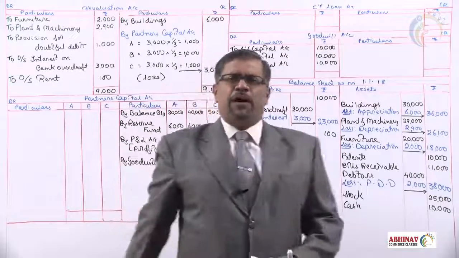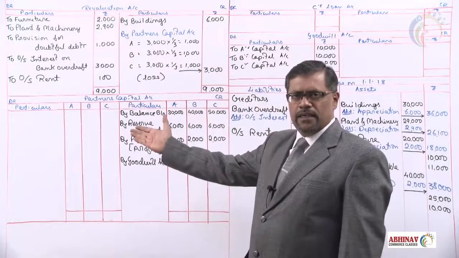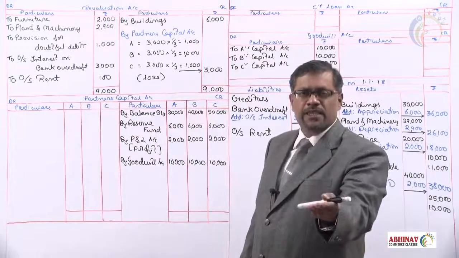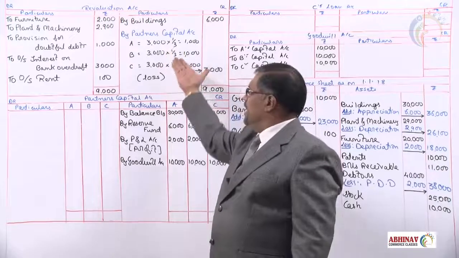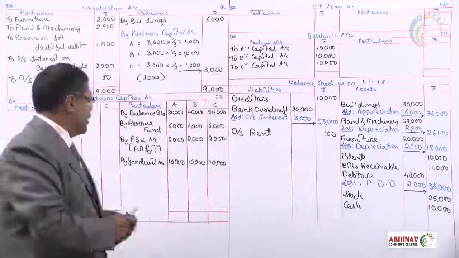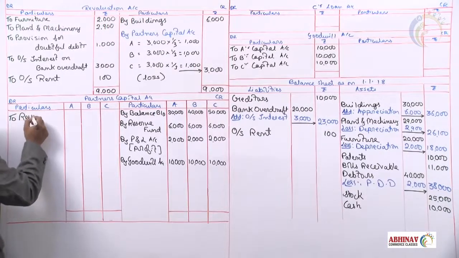We'll transfer this to partners' capital accounts, loss. Which side, credit or debit? Loss when you transfer to capital, your capital will decrease. Decrease in capital we debit. It's an entry on the credit side of revaluation account. When you post, it will be on the debit side of capital.